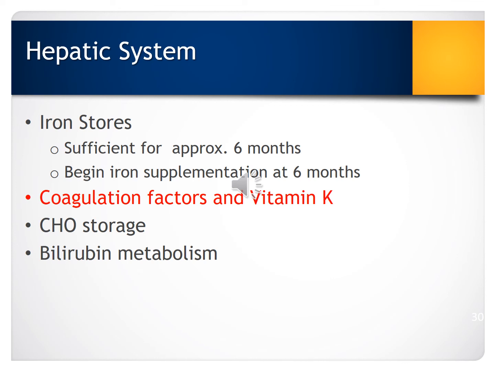So the hepatic system of a newborn again is immature, and one of the key nursing interventions is the administration of vitamin K. We administer vitamin K to a newborn IM in the thigh within that first hour of life to help promote clotting factors. We need to administer vitamin K because vitamin K is normally produced in the gut, in the GI system. But the newborn gut is sterile because it hasn't eaten anything.